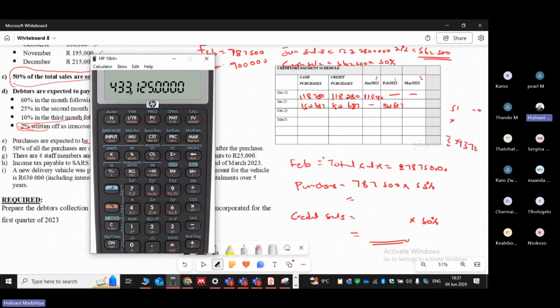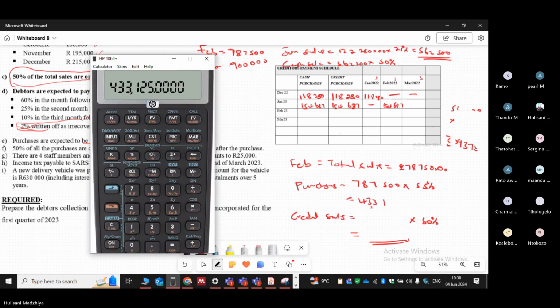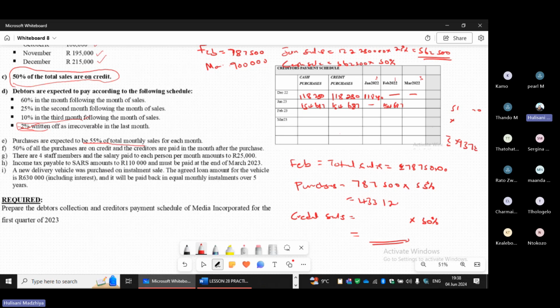So we then have the total purchase being 433,125 rand. So this is the total purchase for February.